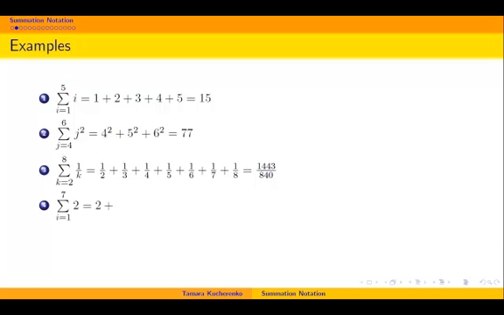Then we set i equals 2 and again get 2. In fact, we get 2 as a term of the summation for every value of i. So we need to add 2 seven times, which gives us 7 times 2 equals 14.